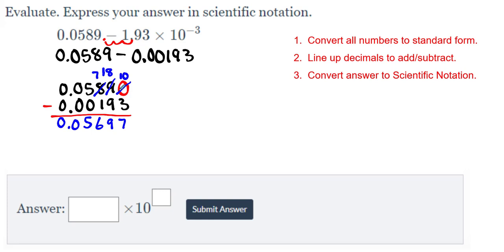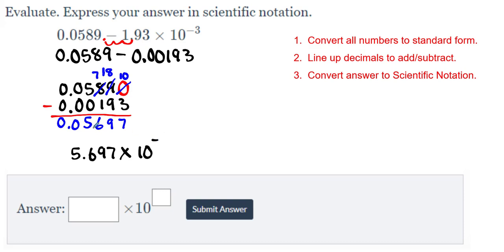So this is just a quick reminder of subtracting, that the number on the top has to be bigger. So a lot of times you're going to end up regrouping. Okay, so the decimal has to be right here between the 5 and the 6. So I'm going to put 5.697 times 10. Obviously, it's a really small number, so we know it's a negative exponent.